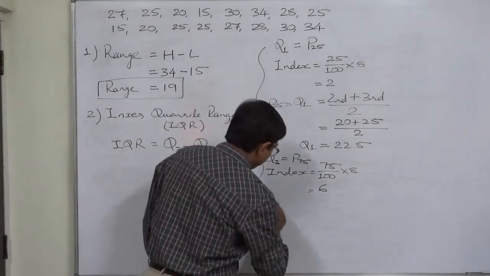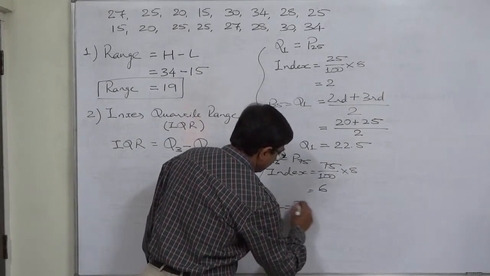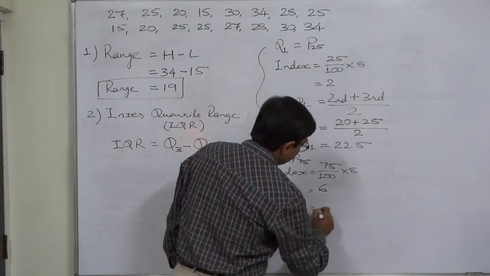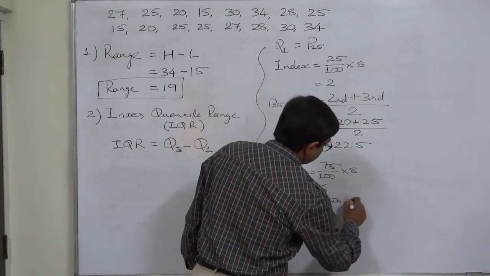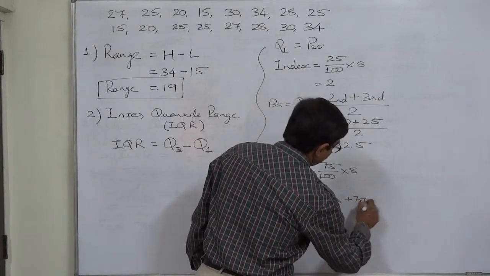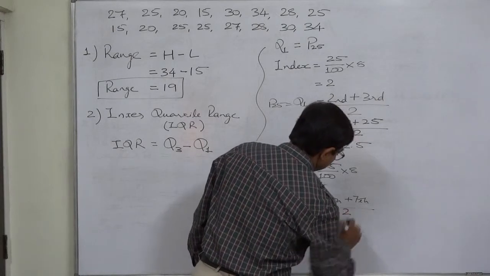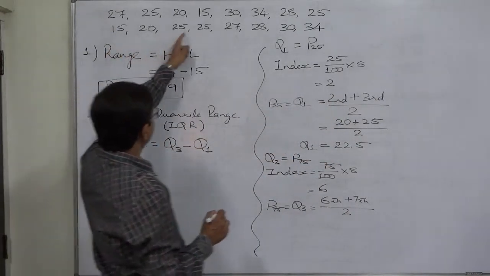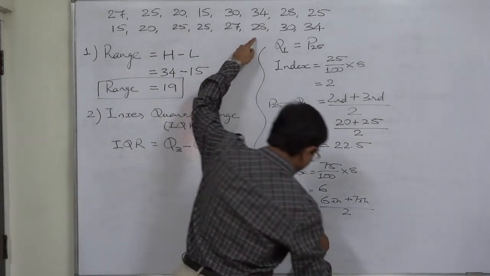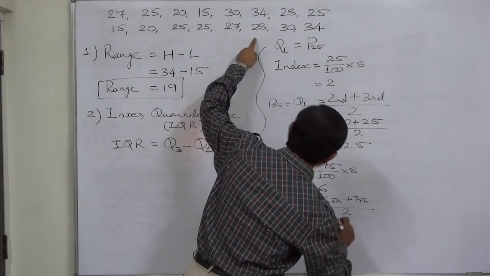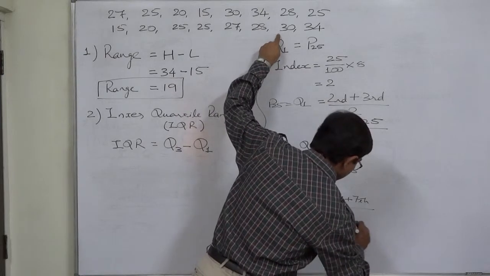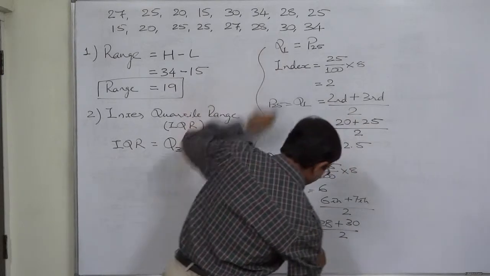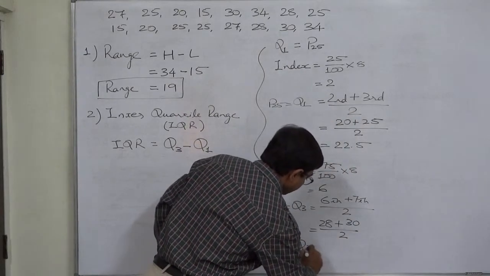So the same practice, P75 or Q3 is the mean of the 6th value and the next value. So 6th value plus 7th value divided by 2. The 6th value, 1, 2, 3, 4, 5, 6, is 28, and the 7th value is 30, divided by 2, 29. So Q3 is 29.